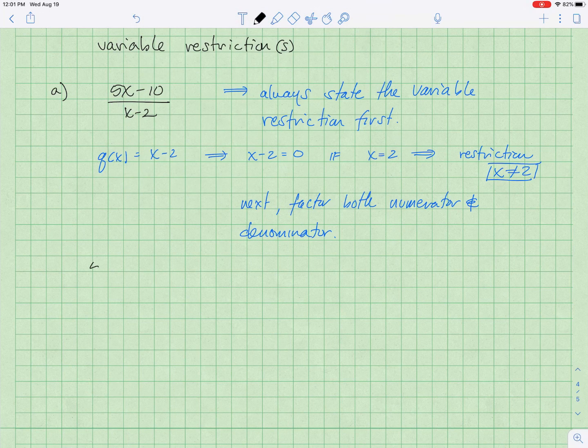So let's factor this sucker. We have 5x minus 10 over x minus 2. In the numerator, we can pull out the GCF 5, and we get x minus 2. And in the denominator, we can't do much. We just have a factor of x minus 2. But now we have these common factors.